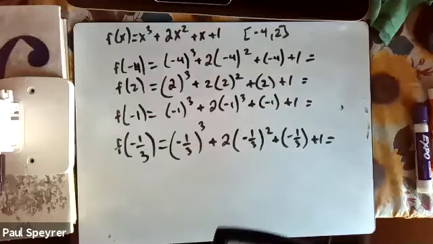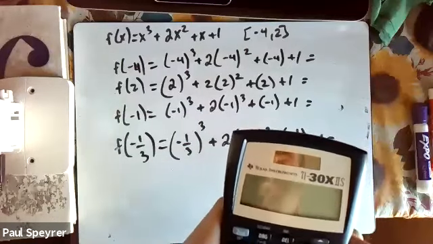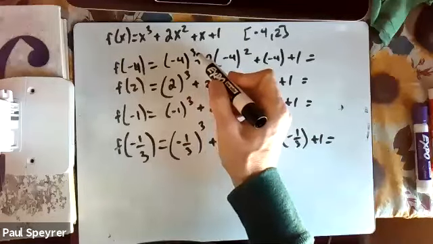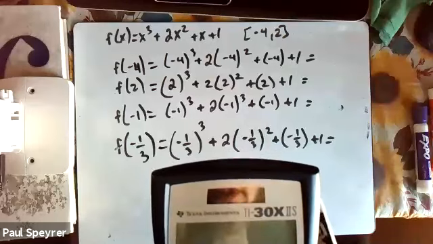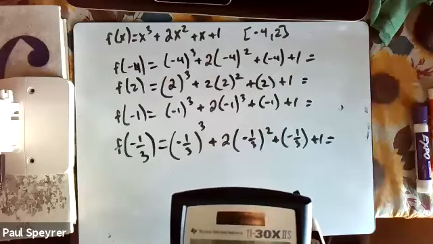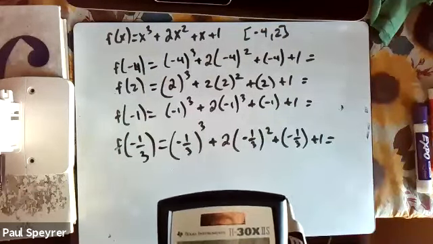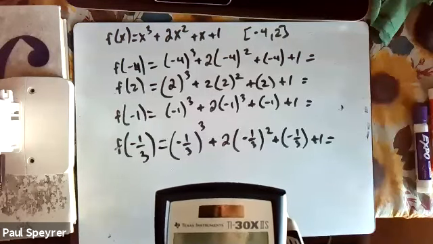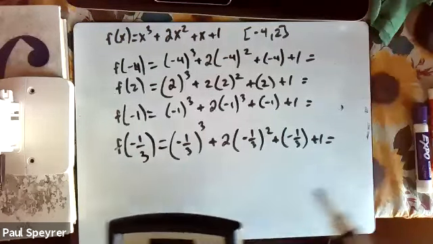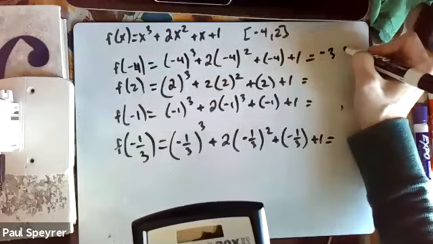All right, so when you're plugging this in, use your calculator. Just watch the parentheses, watch the exponents as you type all this stuff in, right? So this is negative 35.